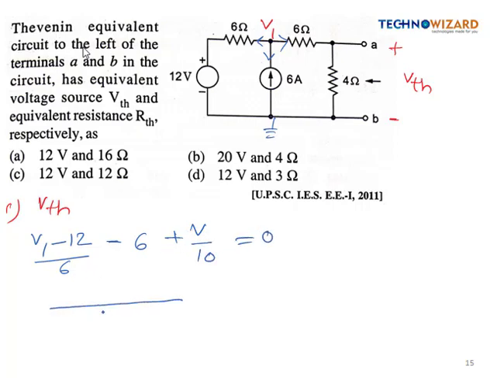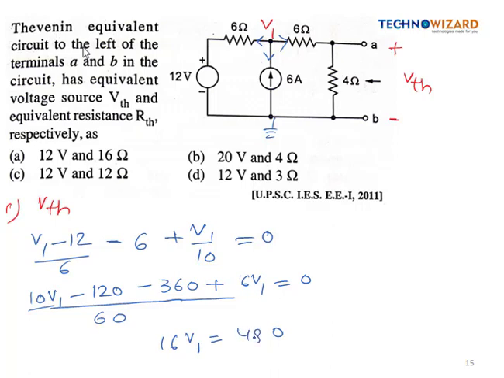So after taking LCM it will be 10 V1 minus 120 minus 360 plus 6 V1 is equal to 0. So 16 V1 is equal to 480. So V1 value is coming as 480 by 16, so V1 is 30 volt. So we have calculated the value of V1.